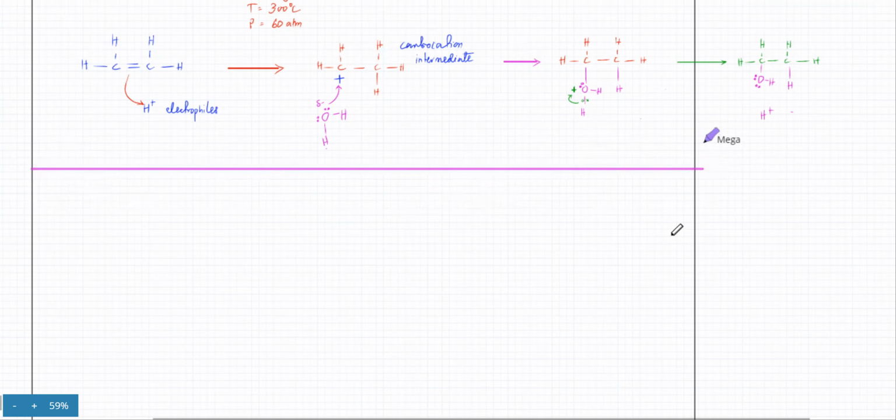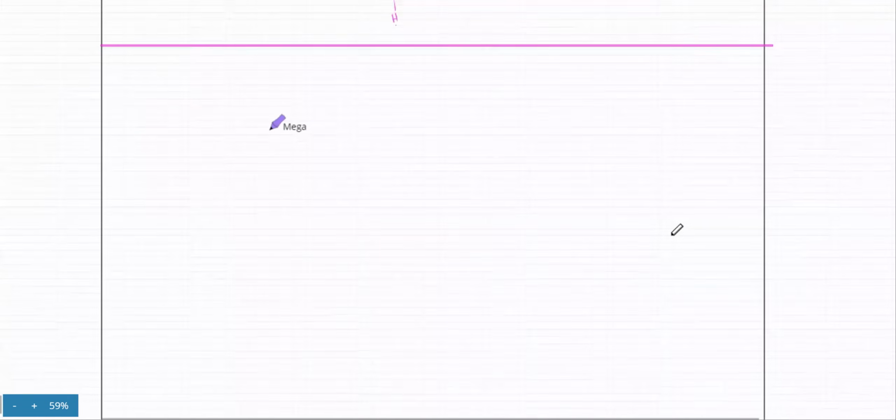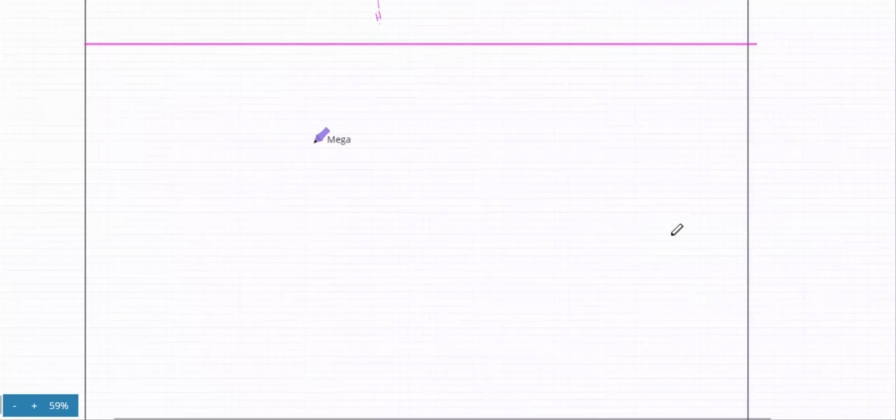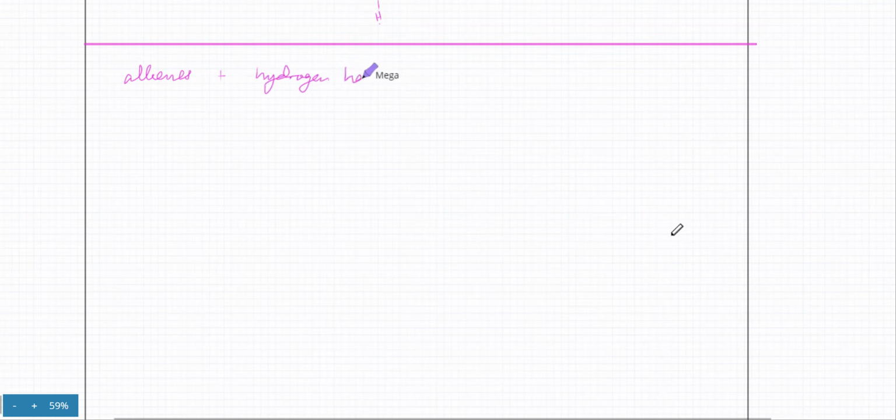The next one is exactly the same. I'm just going to quickly go over it. It's alkenes plus hydrogen halides, which are your HCl, HBr, HI, etc. molecules, right?